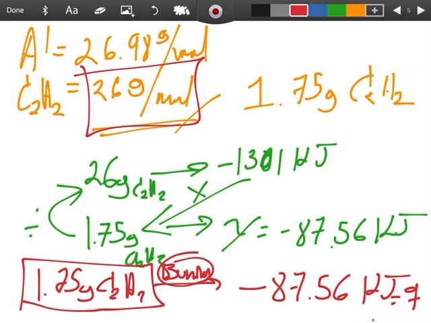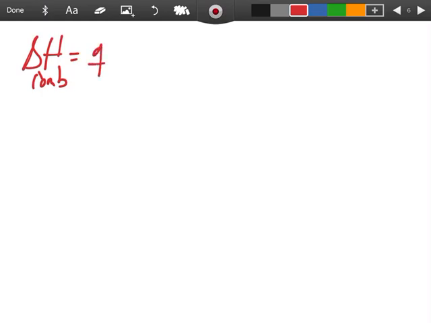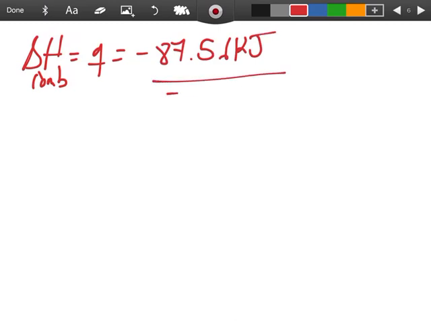Very well. So let's jump to the next step. So the heat of combustion that I got from this reaction was minus 87.56 kilojoules.